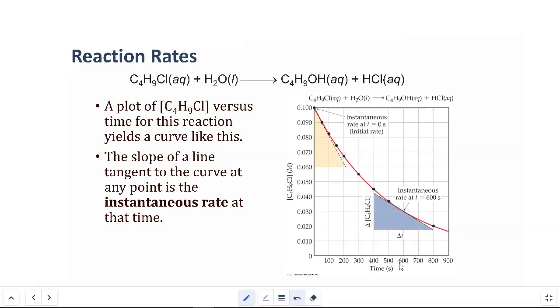So thus far, we've been talking a lot about average rates. I've got data at this point and data at that point. I can figure out the average rate of appearance or the average rate of disappearance between the two time points. And a lot of times that's good enough.